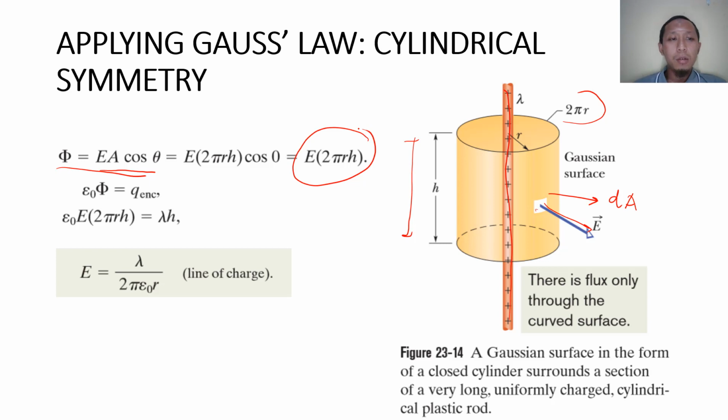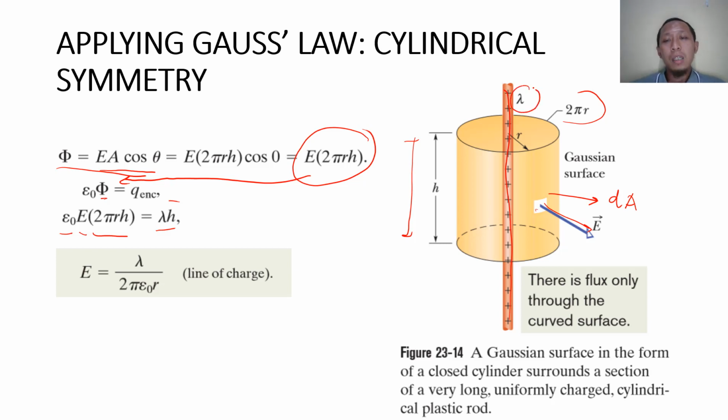And then epsilon 0 times the flux is equal to q enclosed. So we can replace the flux using this one and write: epsilon 0 E multiplied by 2 pi r h is equal to lambda h. And lambda h is the q enclosed. Why lambda h?